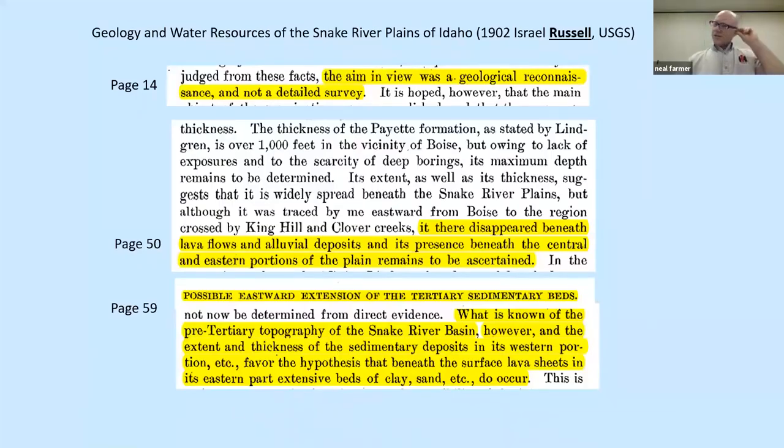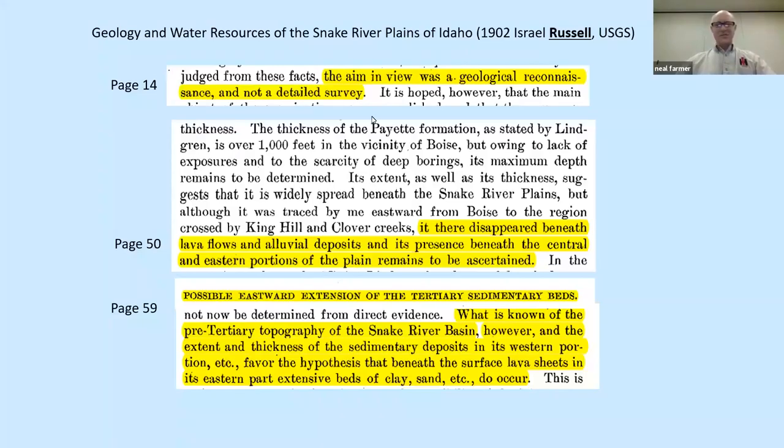Israel Russell issued a report in 1902 for the USGS, and one thing that's kind of interesting to me is he labels it as a geological reconnaissance and not a detailed survey, but then he wrote an over 215-page report with actually a lot of detail in it.